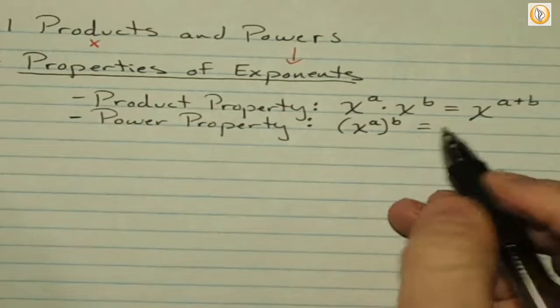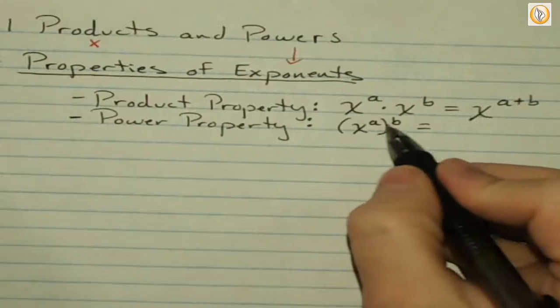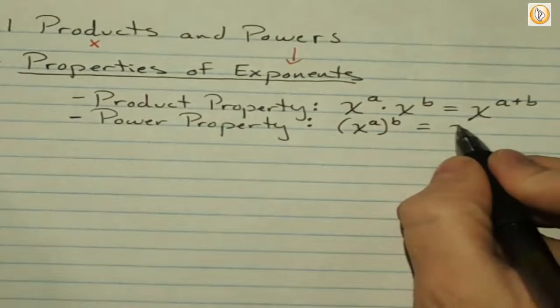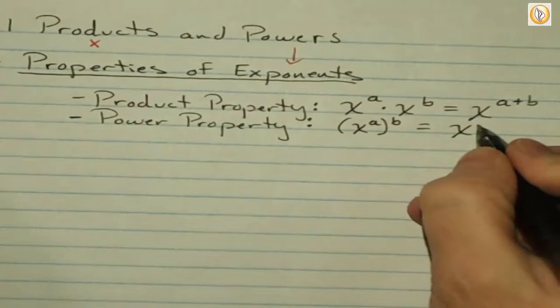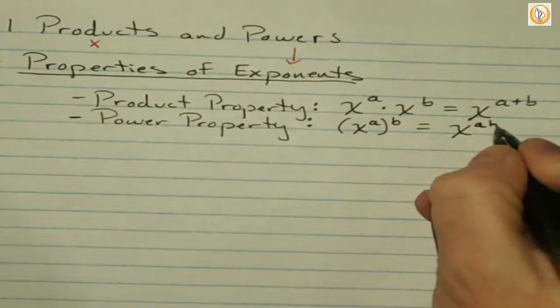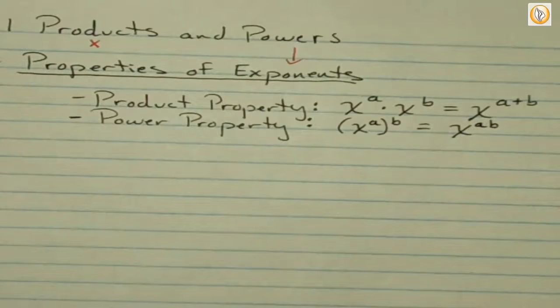Gabby? That's right. You're going to multiply the exponents. So X to the A times B power. I'll let y'all write that down. That is what we're doing today.